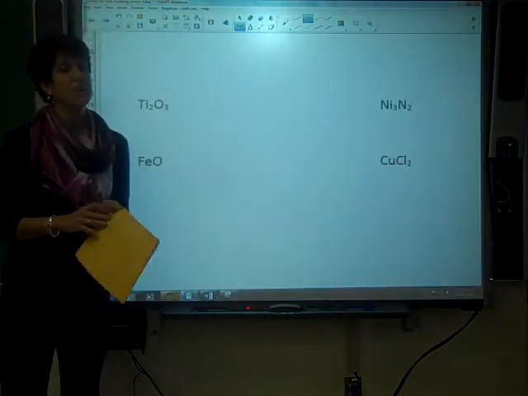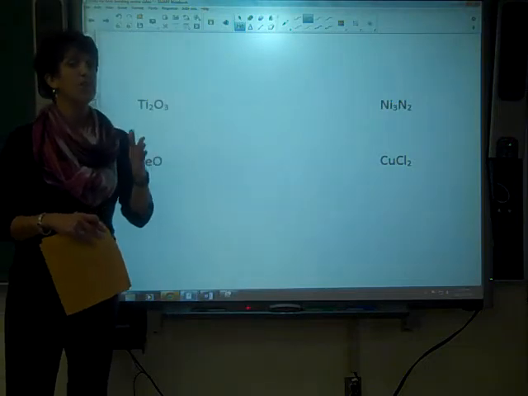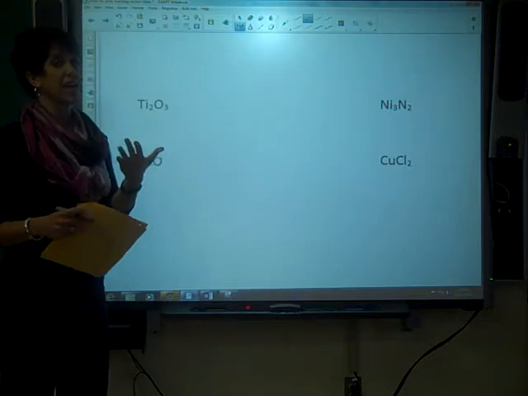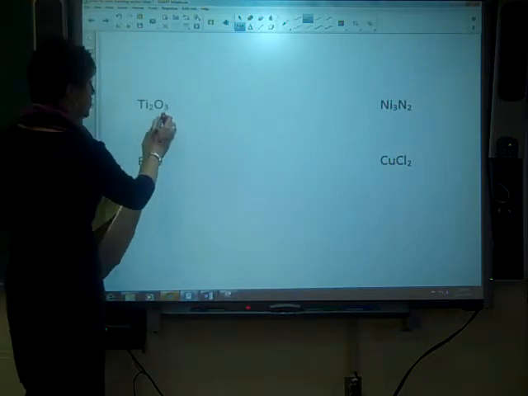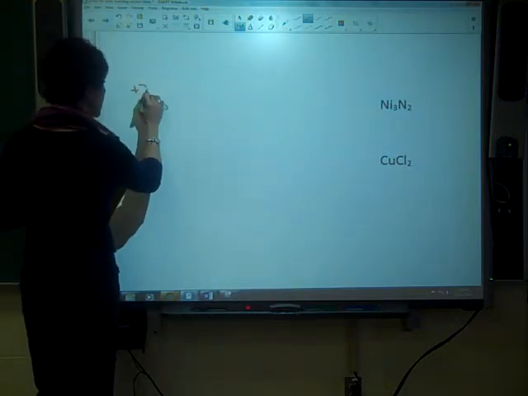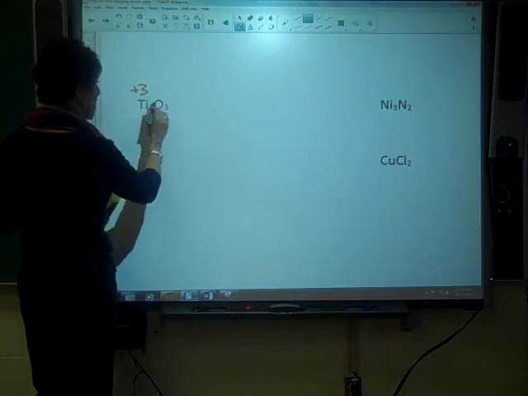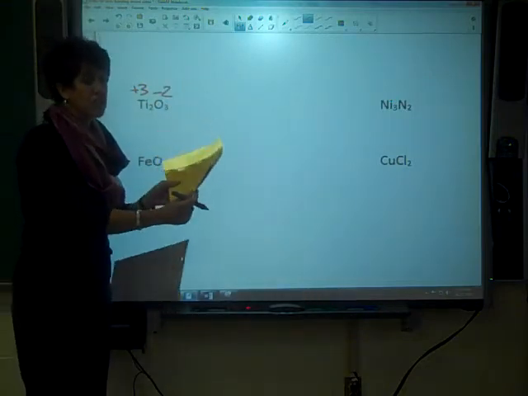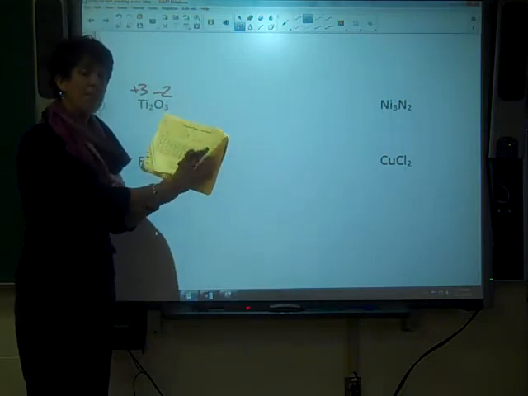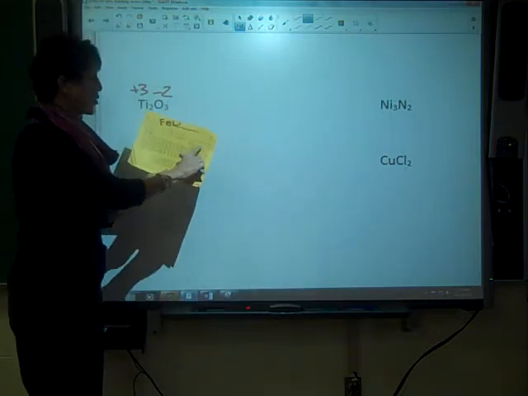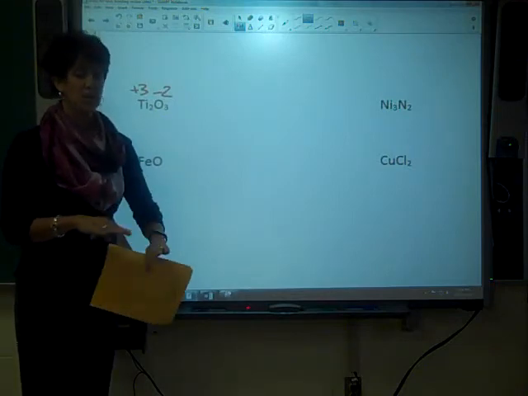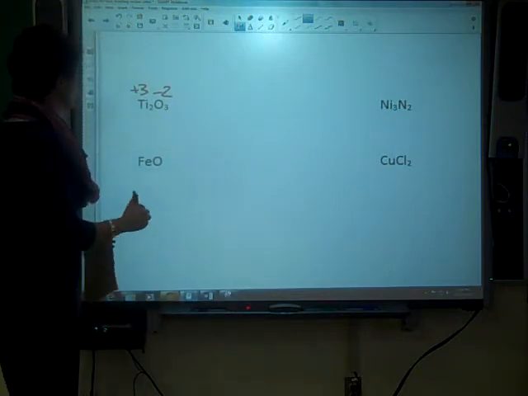When you want to figure out their name or figure out their formula, you can simply do reversing of the crisscross. So this is what you do. The 3 came from this titanium, the 2 came from the oxygen. Always check the nonmetal and make sure that really is its charge. So I go to oxygen, it really is a -2. So that tells me this was not reduced, it's perfect just the way it is.